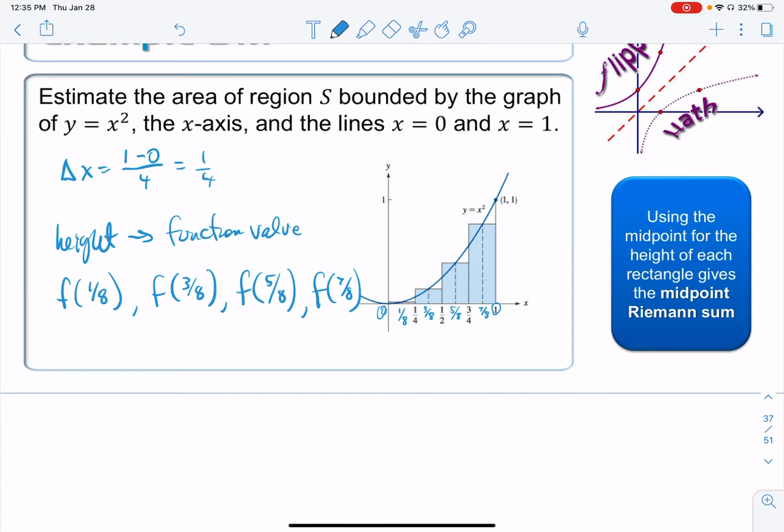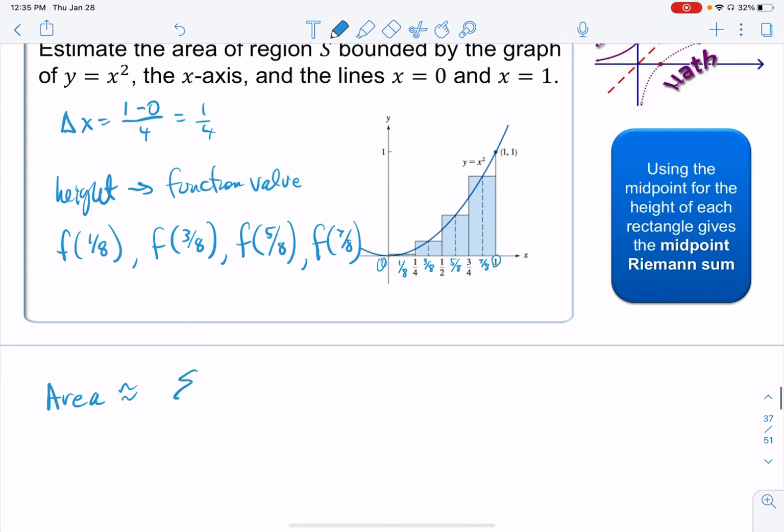This is the thing that's called a Riemann sum. So our area is going to be approximately equal to the summation from i equals 1 to 4. If we wanted to do it in general, then we would go up to n. And we need our function value here, that we will multiply times our width, and we know our width is supposed to be just 1/4 for this particular example.